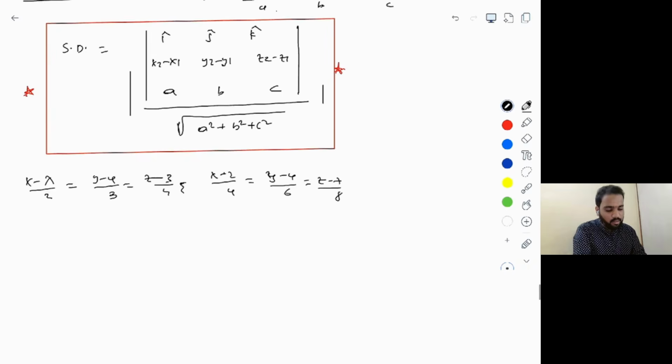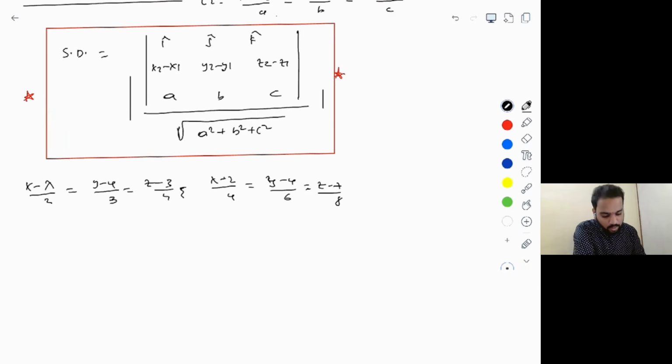Okay. Now, just by looking at this, I'm going to apply the formula. And moreover, in this question, it is already given that the shortest distance is 13 divided by square root of 29, which should be equal to the modulus of the determinant of i cap, j cap, k cap. What is our second row here?